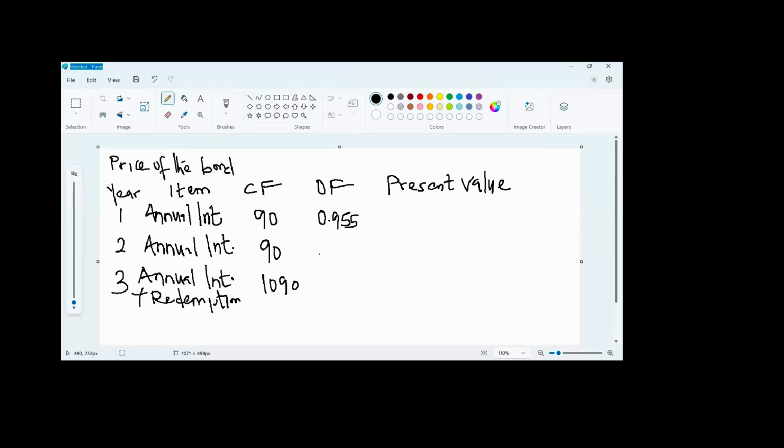The discount factor as computed: 0.955, 0.886, 0.820. Please supply the present value: cash flow multiplied by the corresponding discount factor. For the second year, 79.7.